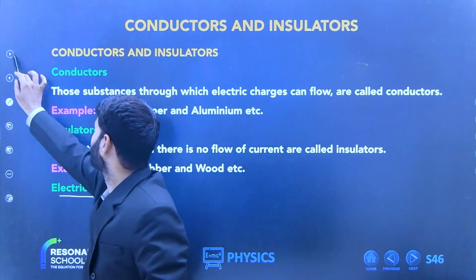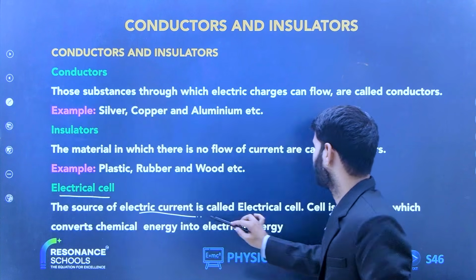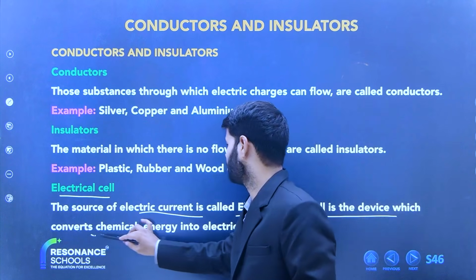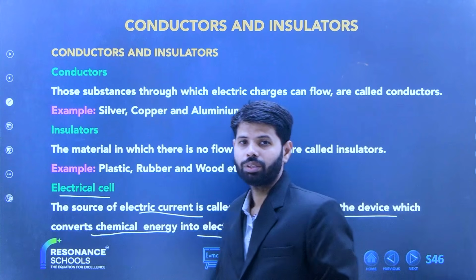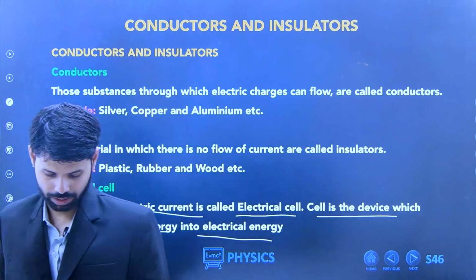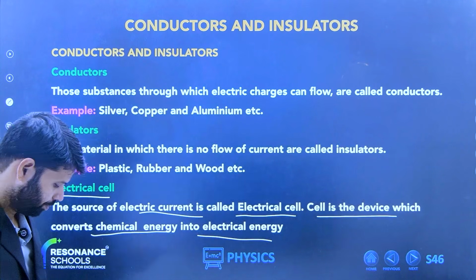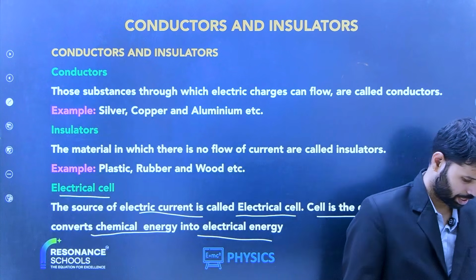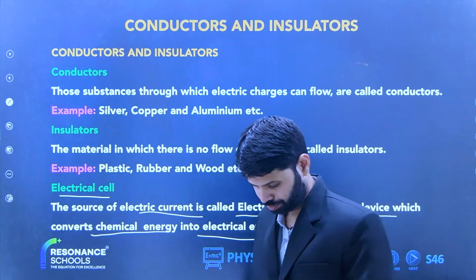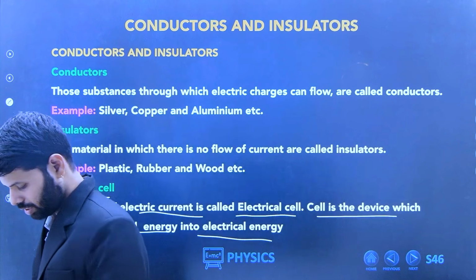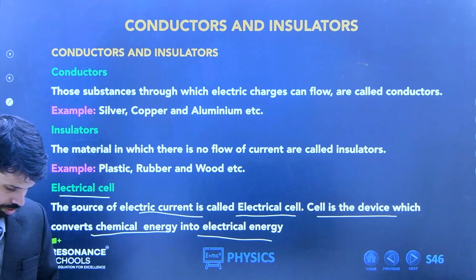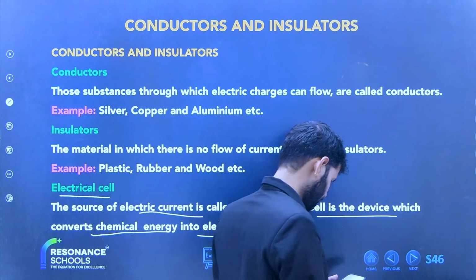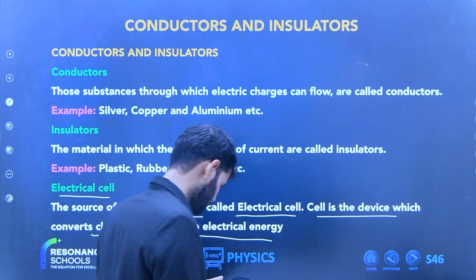Basically, I was asking about electrical cells: the source of electric current is called an electrical cell. A cell is the device which converts chemical energy into which kind of energy? Electrical energy. Do electrons carry the energy? Yes. Sir, can you tell what are electrons and neutrons?